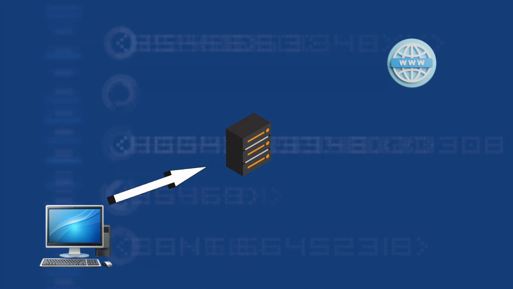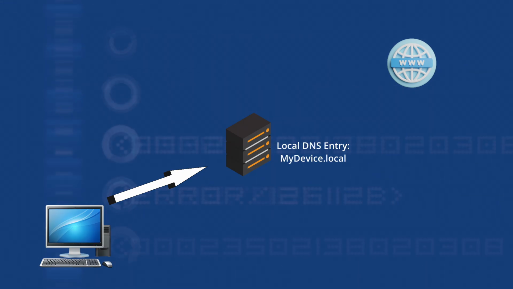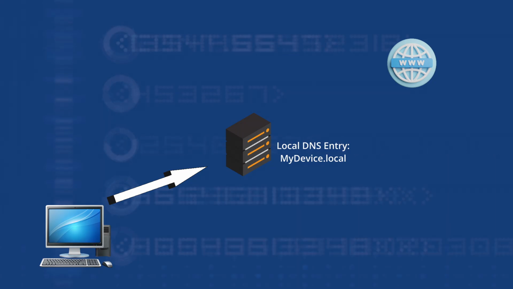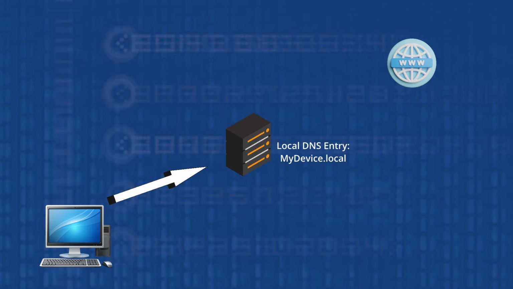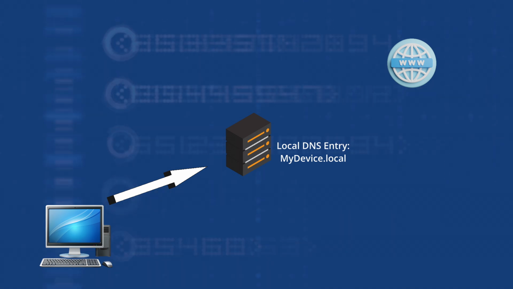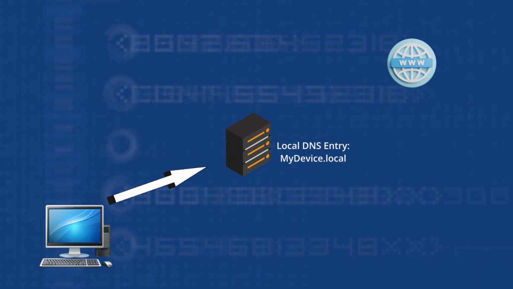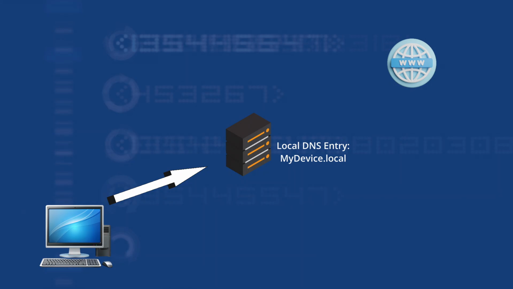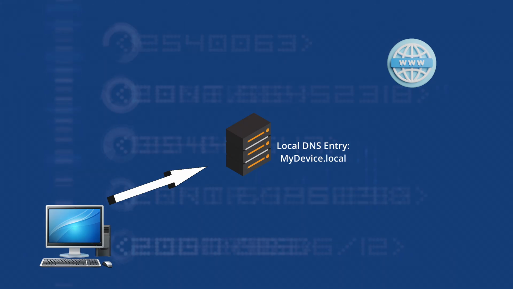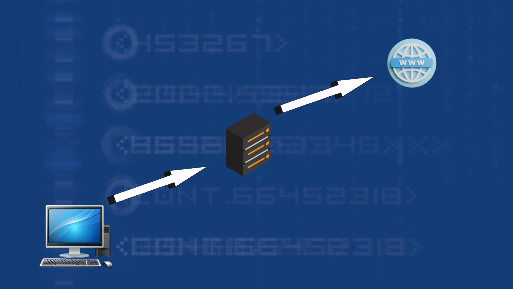This is what allows us to create local internal DNS entries. We can have our own, for example, .internal or .local or .lan domain inside of our network. And we can actually resolve using DNS the names of our devices on our network. Then, if we need to access something external, our DNS server forwards that request out.